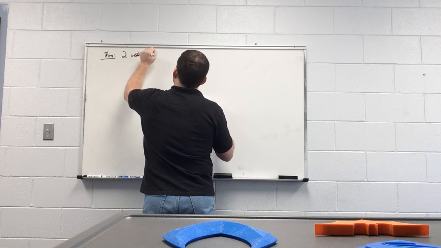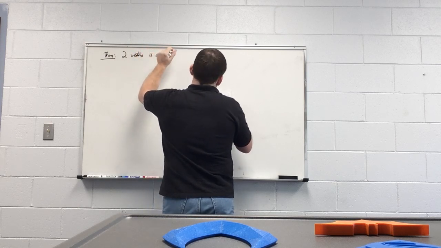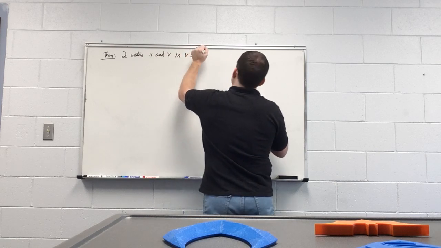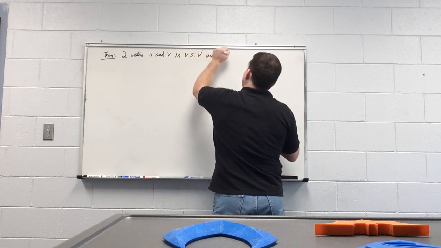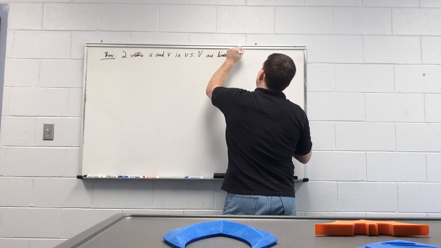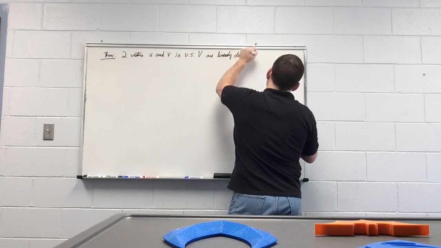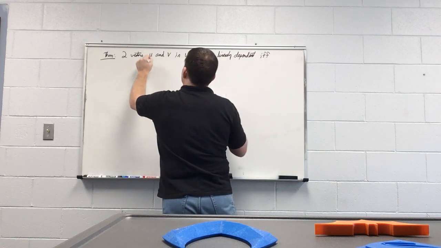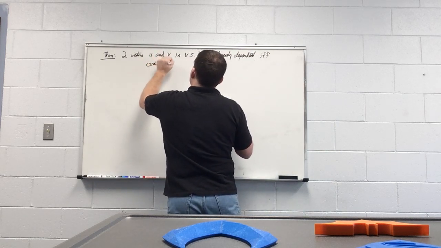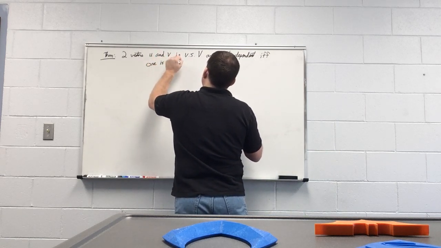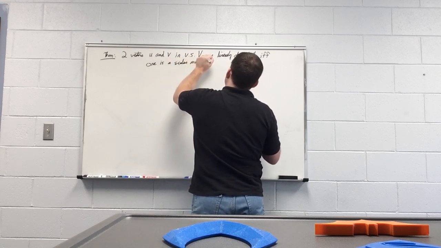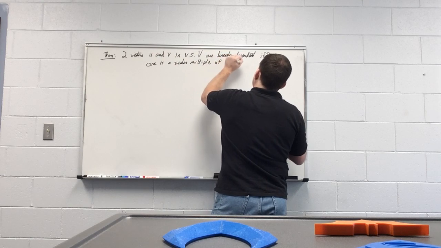Two vectors u and v in the vector space V are linearly dependent if and only if one is a scalar multiple of the other.